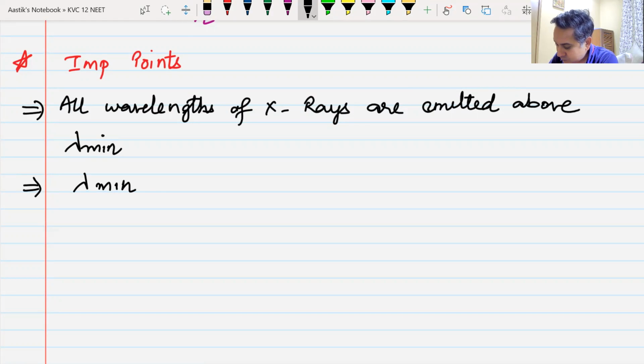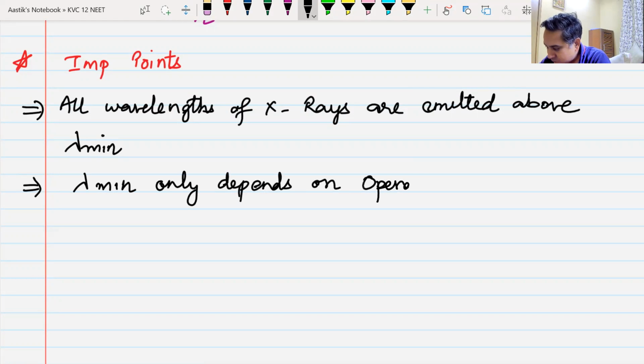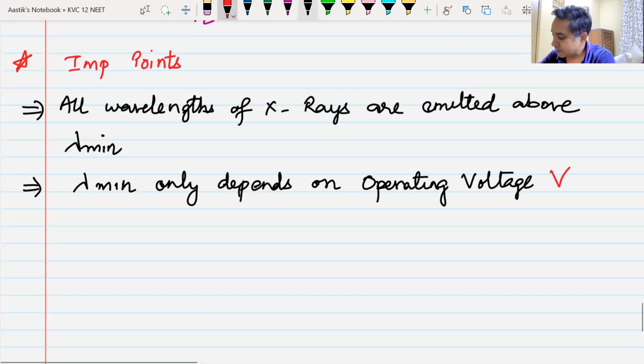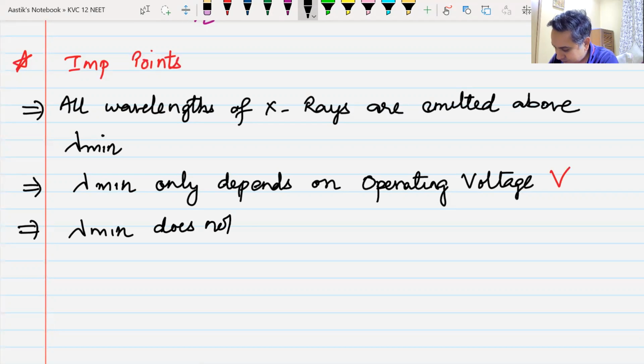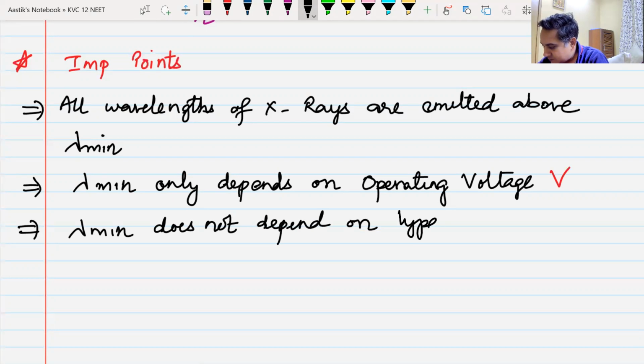Lambda min only depends on what we call operating voltage. Operating voltage, that is your V, potential difference. Lambda min does not depend on the type of target metal.